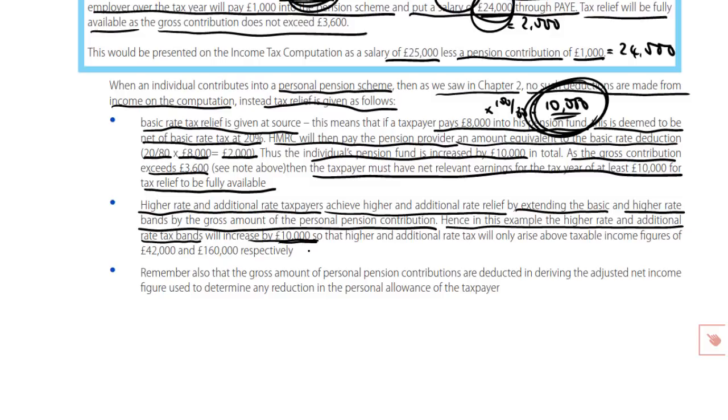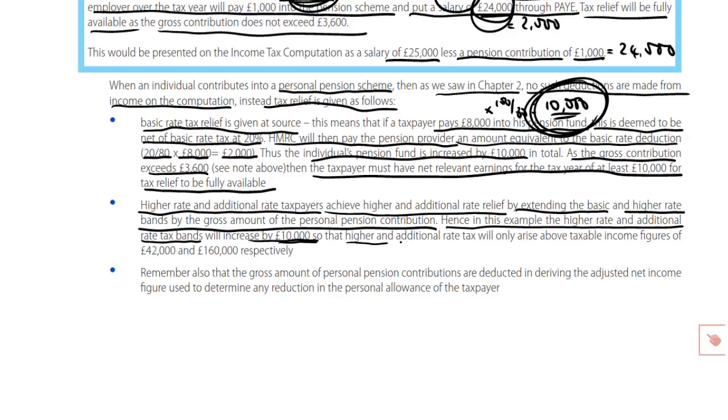So it would mean that of your taxable income, up to £43,500 would be taxed at 20%. From £43,500, up to not 150 but 160 would be taxed at the higher rate of 40% for non-savings income anyway, and only above 160 would you get into the additional rate of 45%.